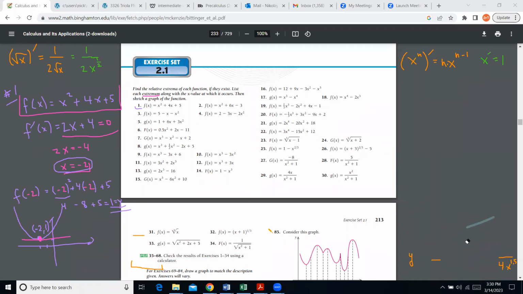Maybe exercise number 7 will be interesting, because that's the cubic function, right? It's a friend of a function with equation y is equal to x cubed, because the largest power that I see here in exercise 7 is x to the power of 3.